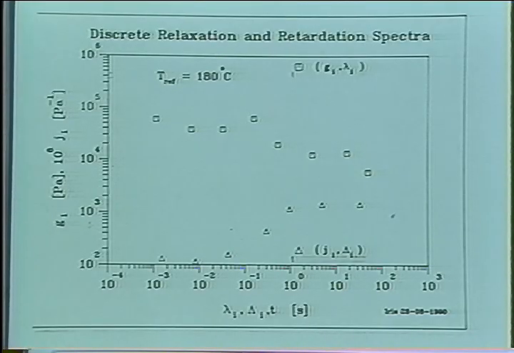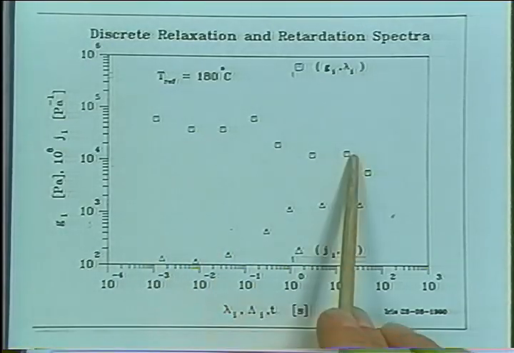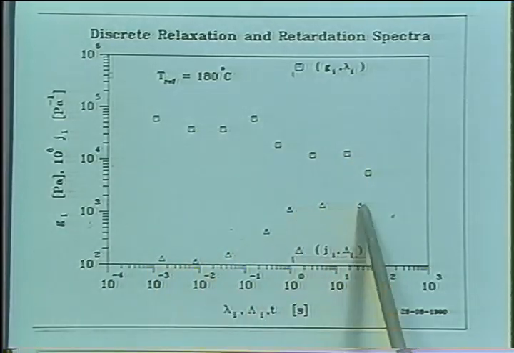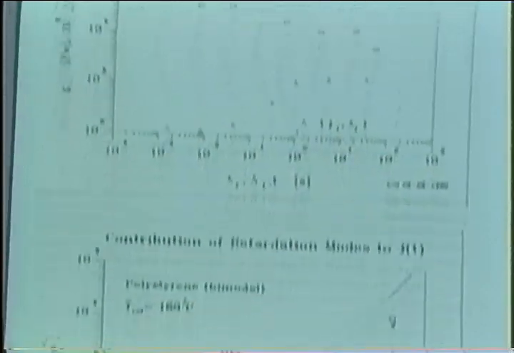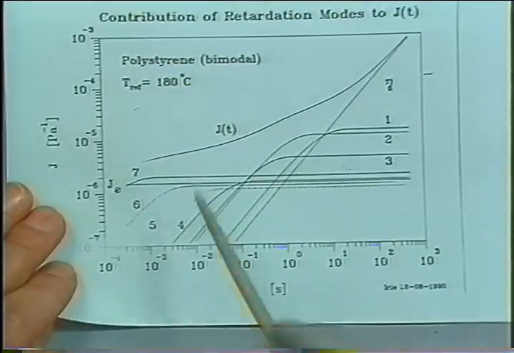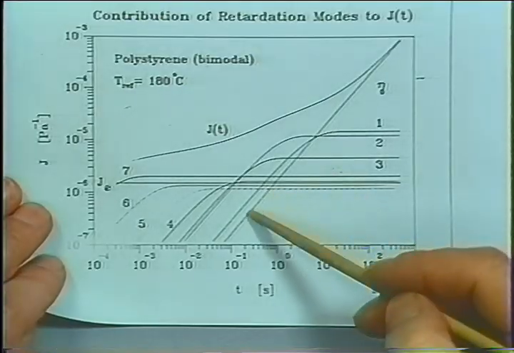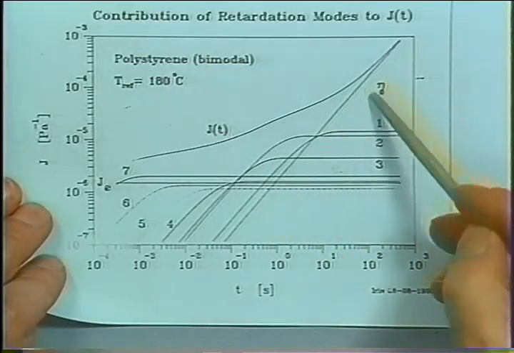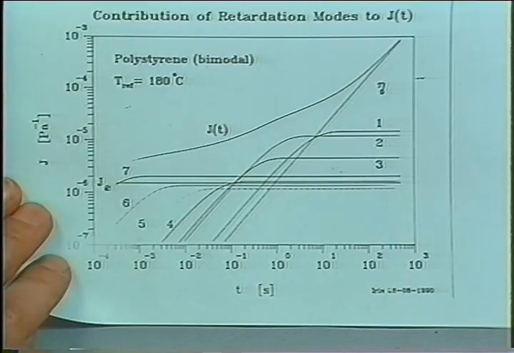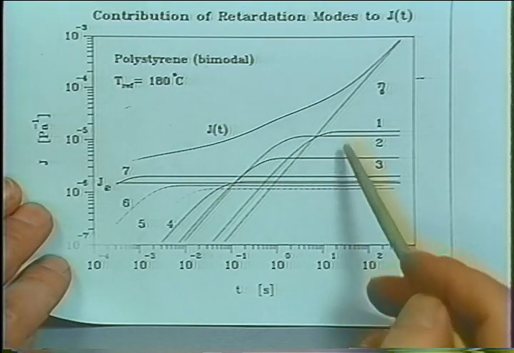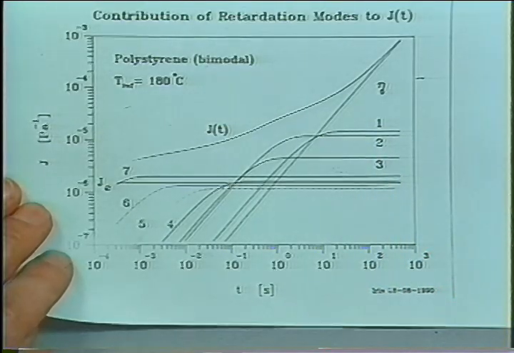It might have a different weight on the relaxation modes, but if you have the relaxation time spectrum, you can calculate the retardation spectrum, and you can calculate the creep compliance, for instance at long times, which is given by the zero shear viscosity, and the individual contributions to the creep compliance.